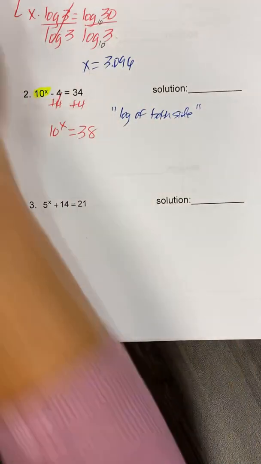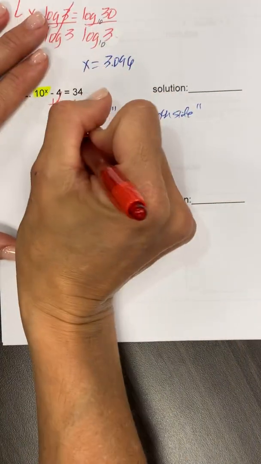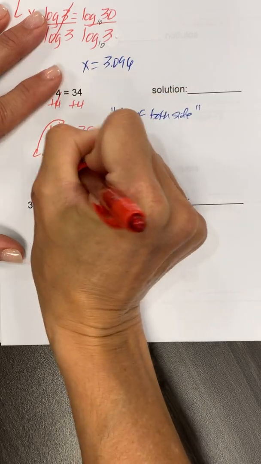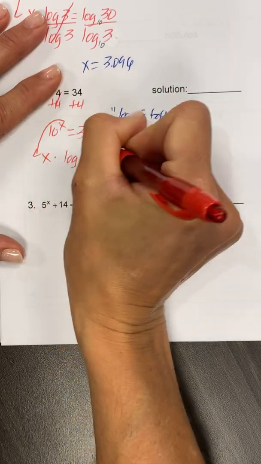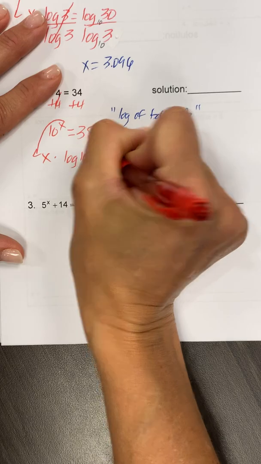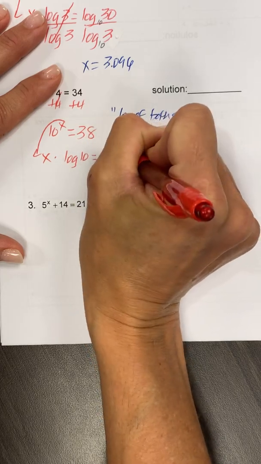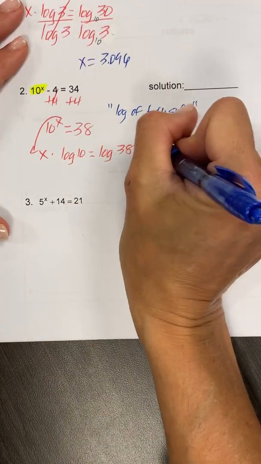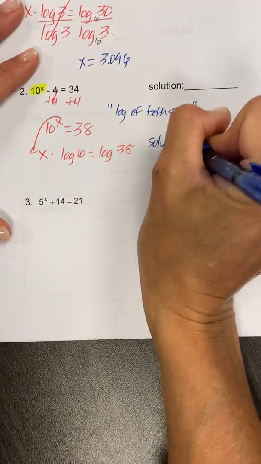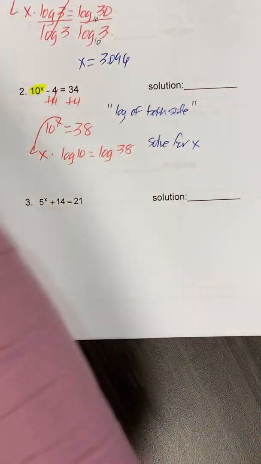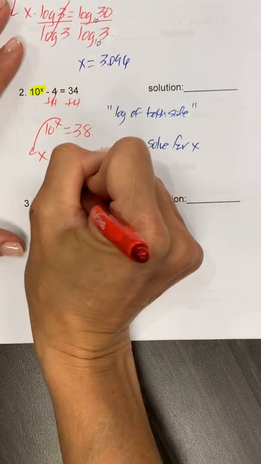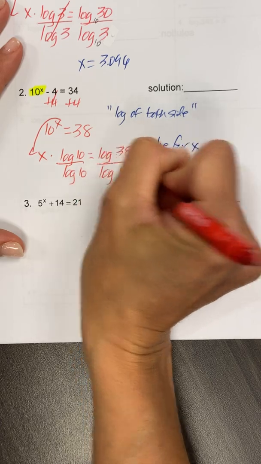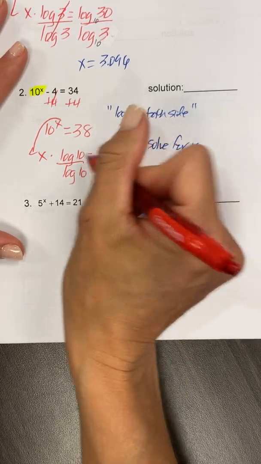I'm solving for x, so log base 10 of 10 to the x equals log of 38. And then I'm just going to solve for x and divide both sides by the log of 10, common base log of 10.